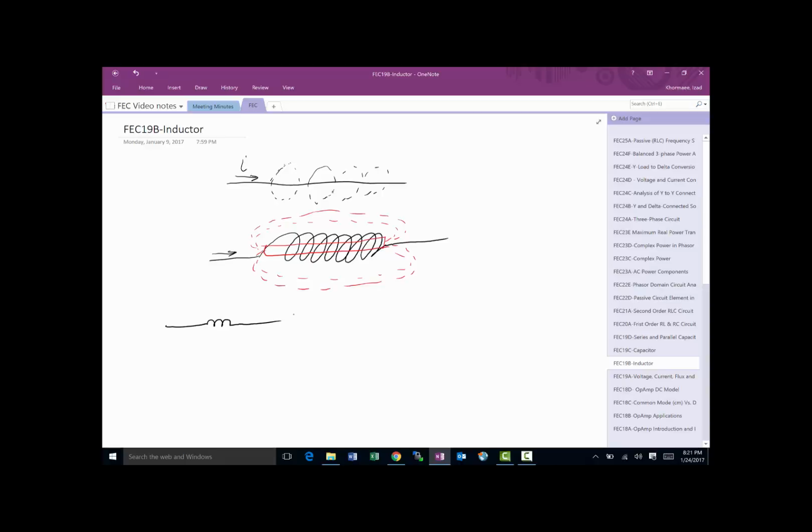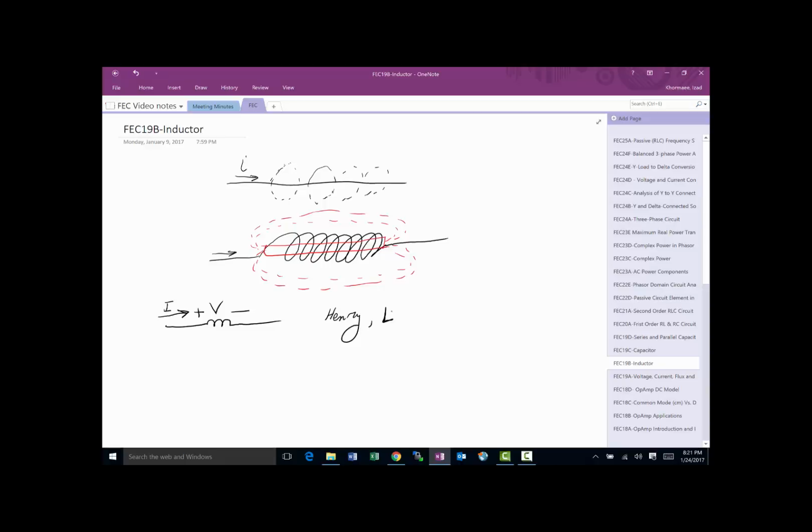And again, it is a passive device, which means if a current is flowing in this direction, by definition it would follow the passive convention and it would have voltage across it. Inductance is measured by a unit called Henry, and we represent inductance with an L, so that's the letter that is reserved to indicate inductors.